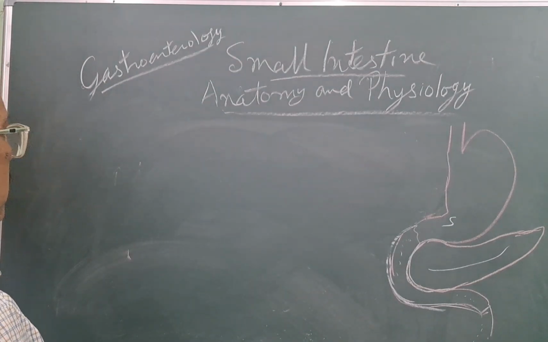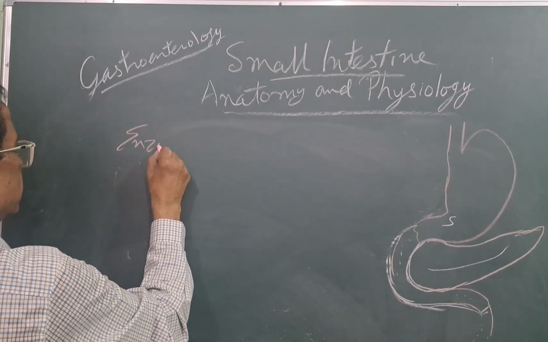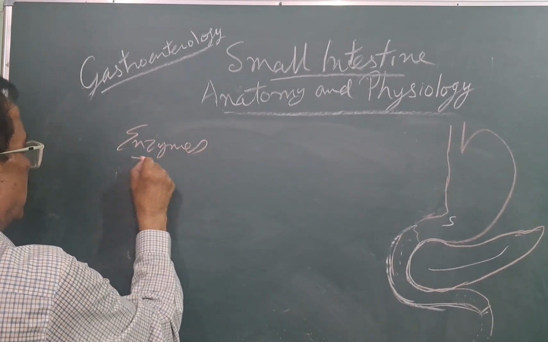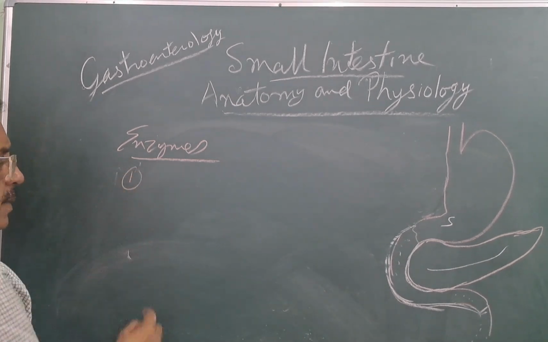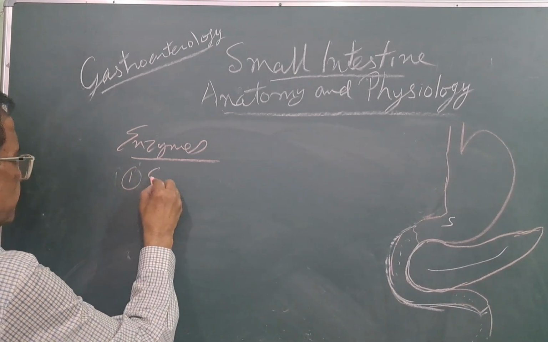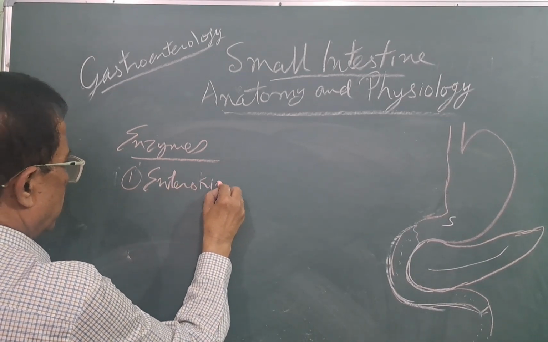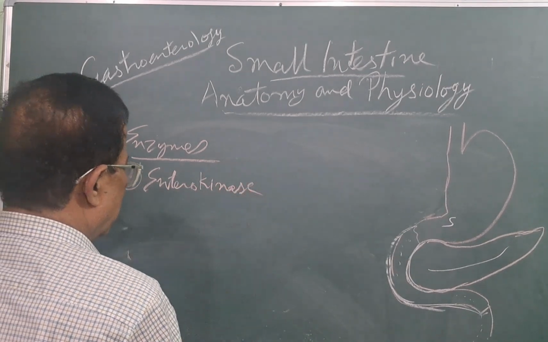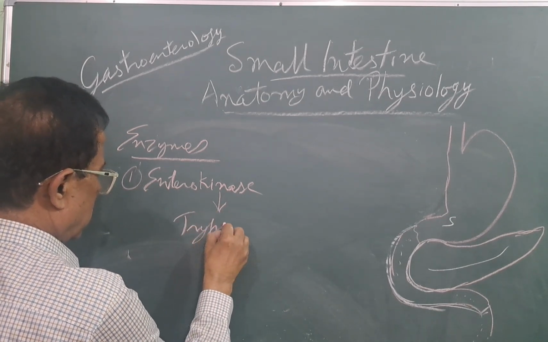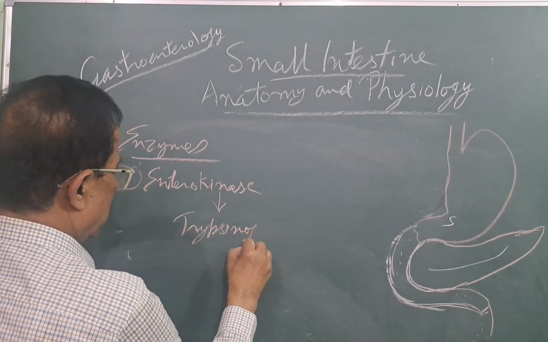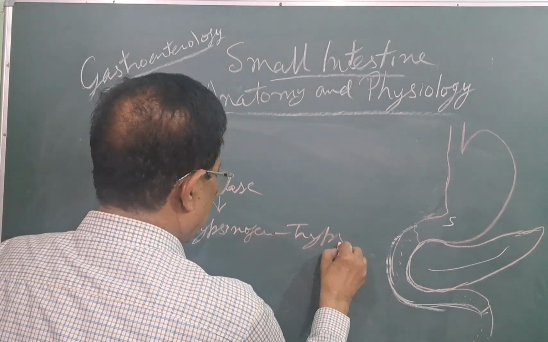Now, among the enzymes, the first is enterokinase. This enterokinase acts on trypsinogen and converts it into its active form, trypsin.